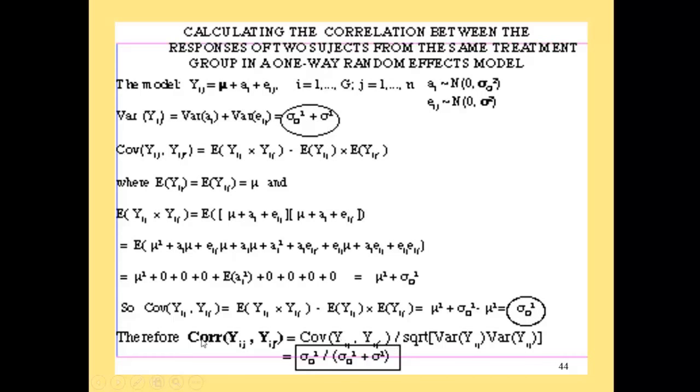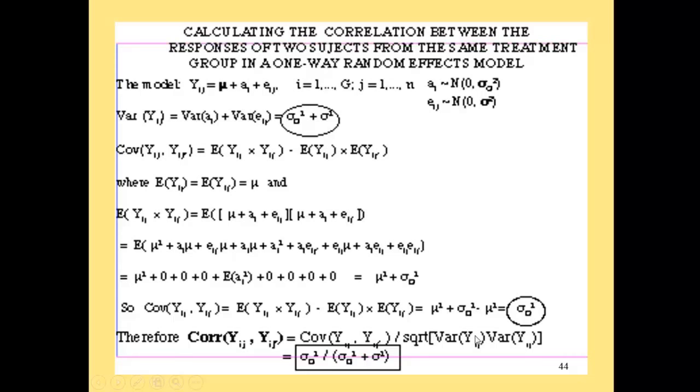And the correlation, using the correlation to covariance formula that I gave you earlier, you can simply work out as sigma 0 squared, the covariance, divided by sigma 0 squared plus sigma squared, which is what you get when you work out this whole square root business right here.